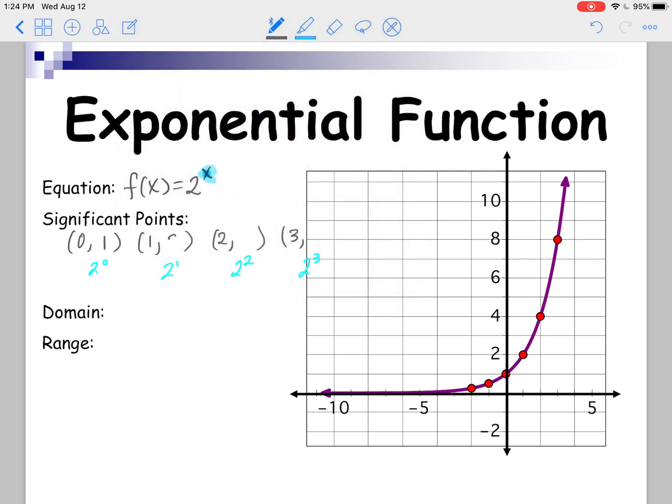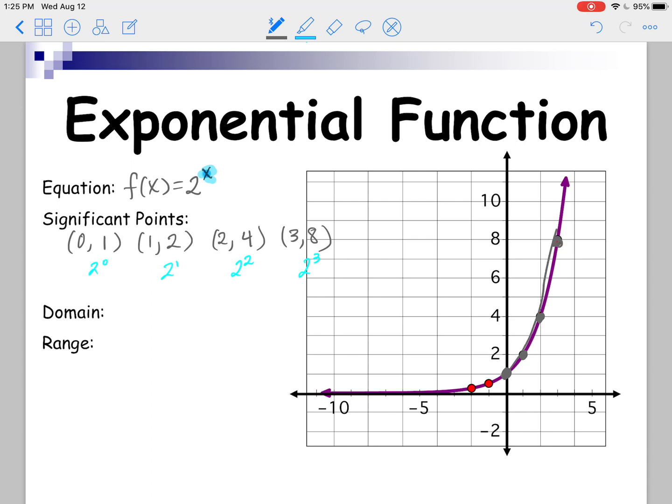And so that's going to give us our y values 1, 2, 4, 8. And so as we look at these points on the graph, there's our 0, 1. There's our 1, 2, 2, 4, and 3, 8.